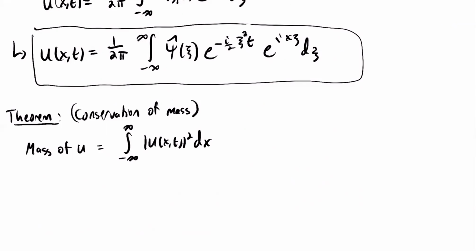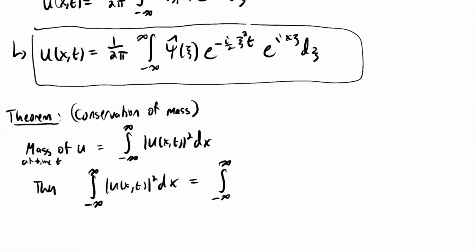Well, the theorem is that if I look at this integral, this is the mass at time t. This is actually equal to the integral of u of x, 0 squared. So this is the integral from minus infinity to infinity of the initial state, c squared.